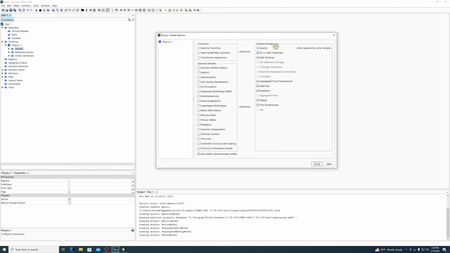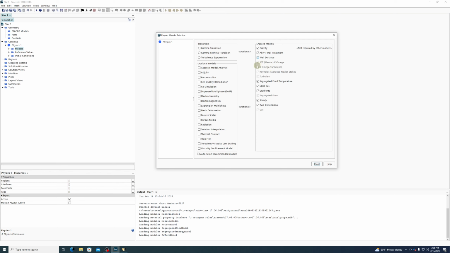So the other thing to note here is that while we selected some of these, we told it gas, two-dimensional, steady, segregated flow. It selected some of these on its own. Gradients, it selected automatically because it needs gradients for segregated flow. When we selected turbulent, specifically, I believe, K omega turbulence, it selected Reynolds-averaged Navier-Stokes as what it uses kind of as an under-the-hood basis to build the K omega turbulence model.